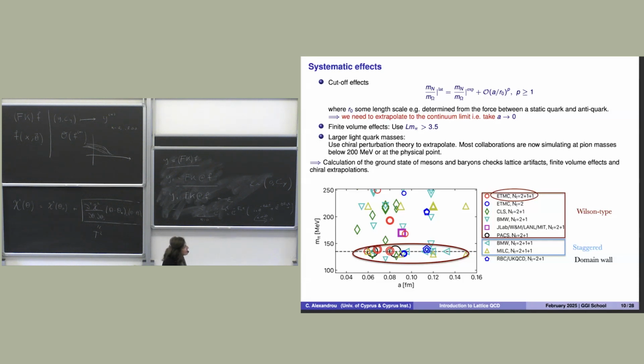BMW also simulates below the physical pion mass. This is not their inability to tune. It's because they wanted to do it, because for some quantities you want to know the slope. Of course, it gets more expensive if you go lighter and lighter, because the Dirac propagator has a singularity when you go to the chiral limit.